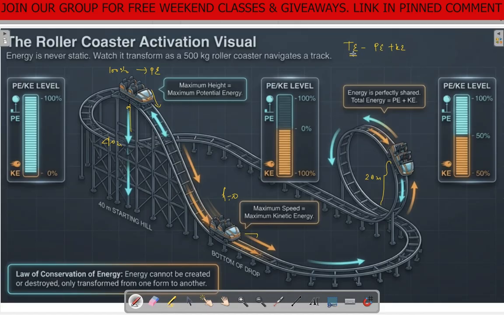So ideally, the law of conservation of energy says total energy remains constant. It does not change. But in real life, it does change. Total energy is potential energy plus kinetic energy. So sometimes you'll have high potential energy and low kinetic energy, and sometimes high kinetic energy but low potential energy. But if you add them both, you'll get a constant value every time.